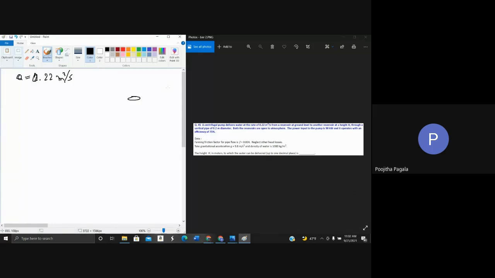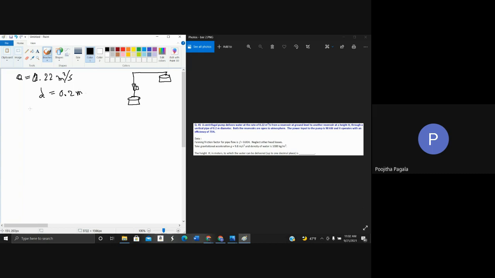So this is a reservoir and this is another reservoir which is located at a height h. And the diameter of the pipe is also given. The diameter of the pipe is 0.2 meters.